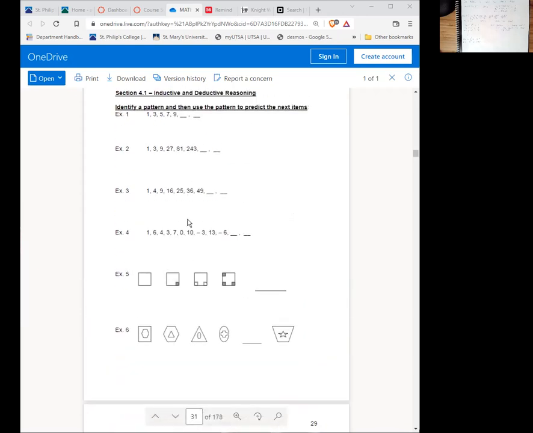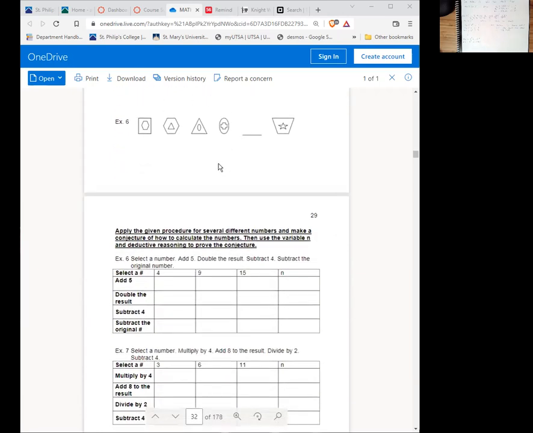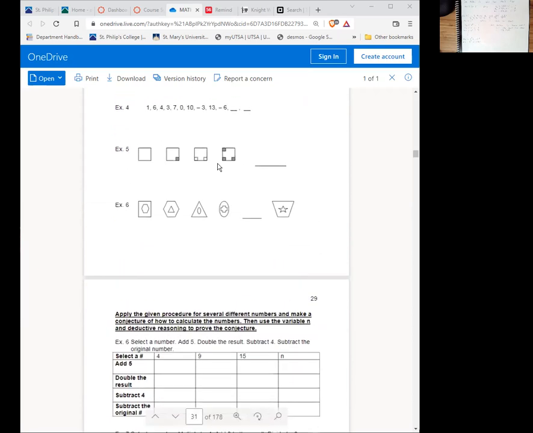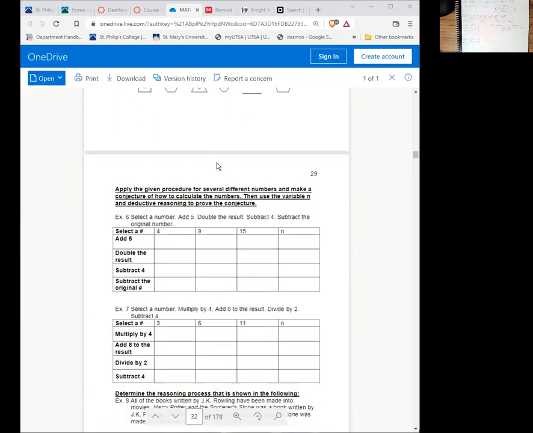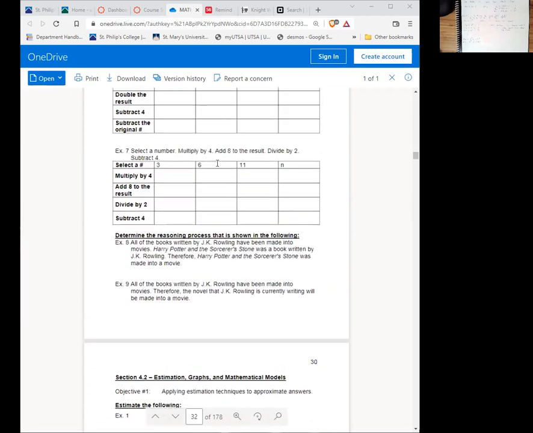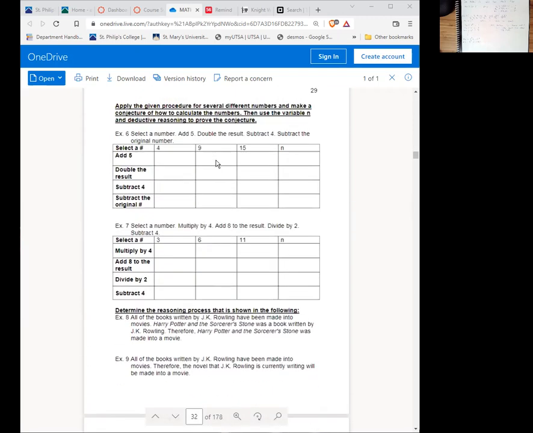You guys are cool with finding the missing terms and identifying patterns. Okay, let's do these right here.